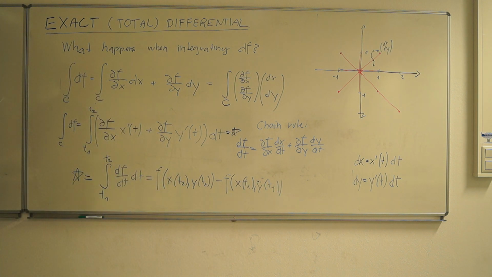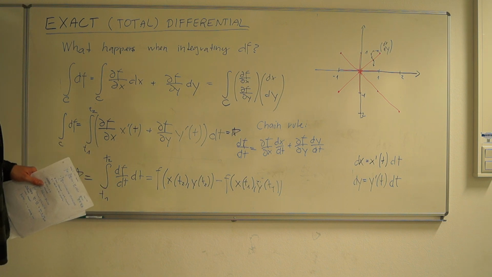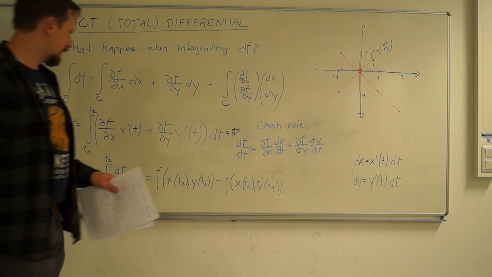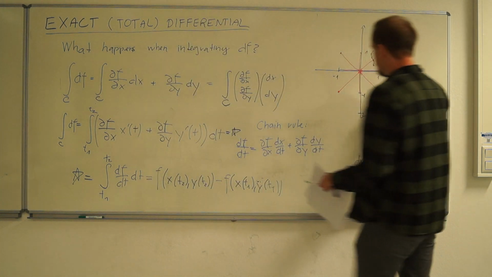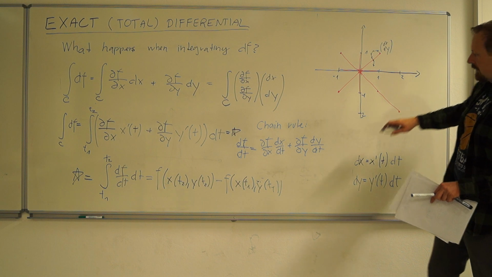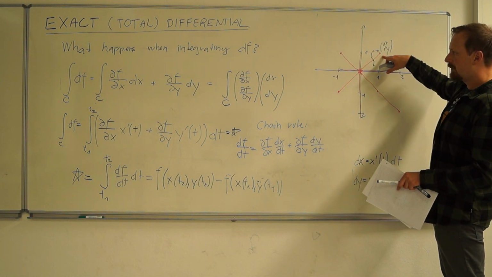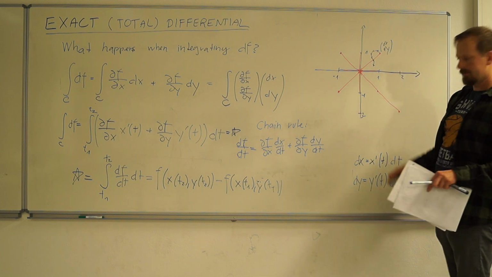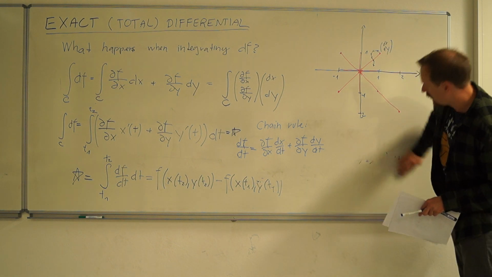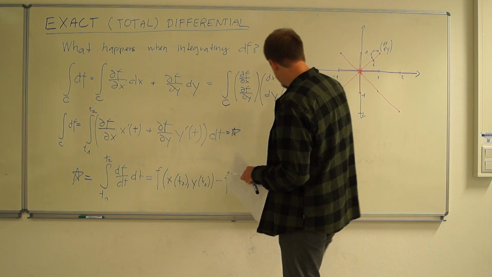But this is a very important property, namely it means that this integral of the total differential does not depend on the path. It just depends on the values of the function itself evaluated at the beginning point and the ending point. But since this is now very important, I will explicitly write it down.